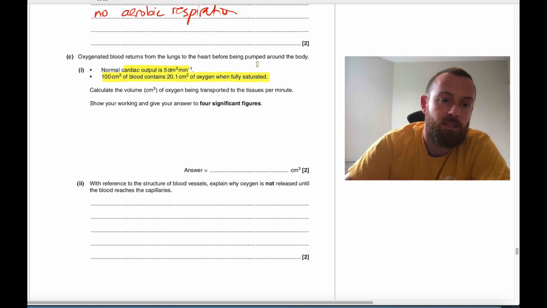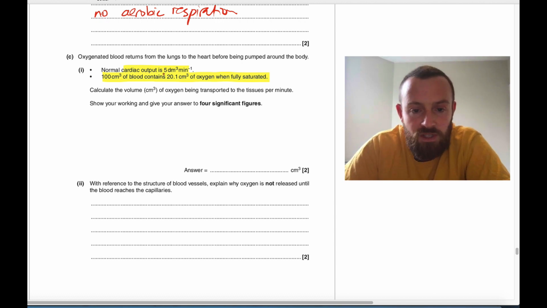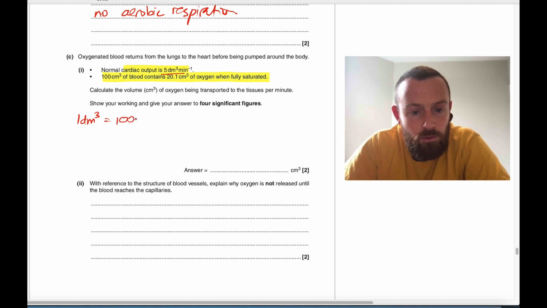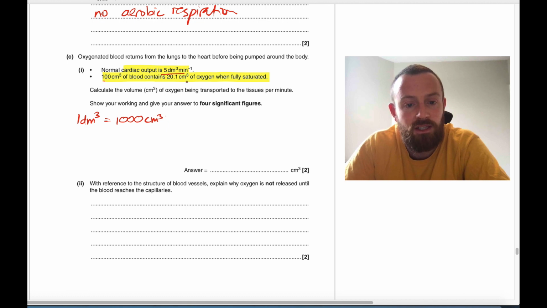Okay, right, bit of maths now. Right, first thing, what's a dm³? 1 dm³ equals 1000 cm³. Okay, so let's take this figure and convert it up, okay? 100 cm³ of blood contains 20.1 cm³ of oxygen when fully saturated. Well, what would 1000 cm³ of blood contain? So 1000 cm³ would contain 201 cm³.